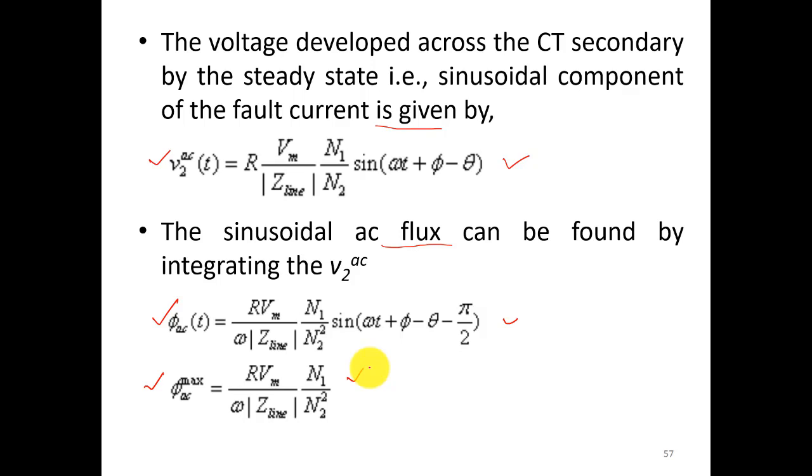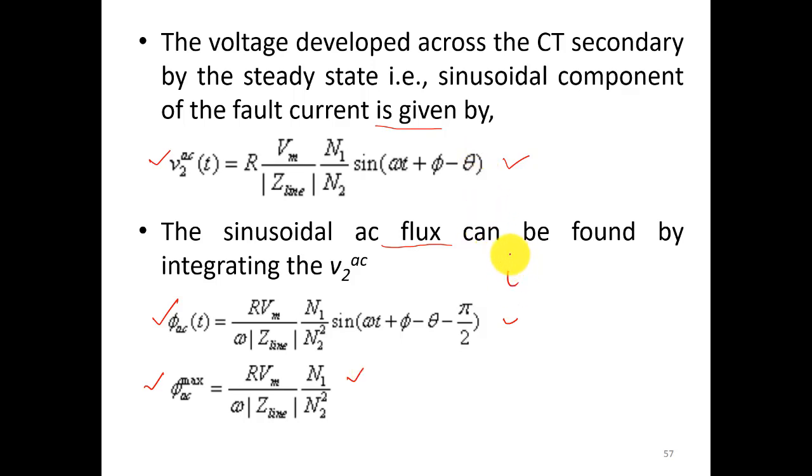when we have a sinusoidal current applied, or we can say when there is a fault, we'll have two types of current in the primary side current of the CT, and it consists of two components.